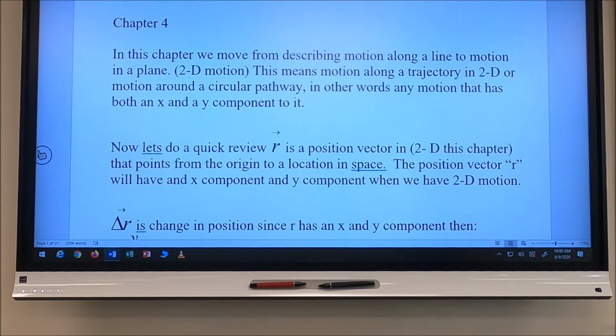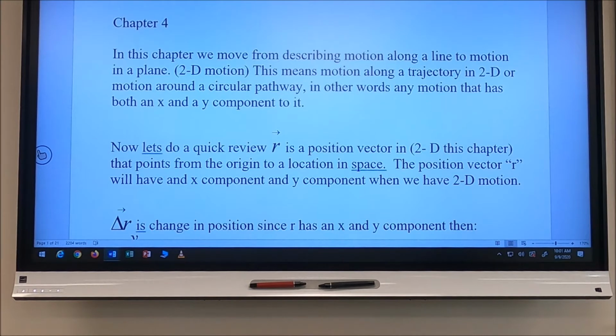Things that are fired like a bullet or a cannonball or a baseball or a tennis ball, and also looking at motion in circular pathways, circular motion, any kind of motion that has both an X and a Y component.